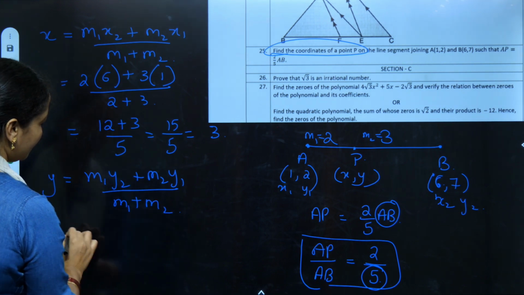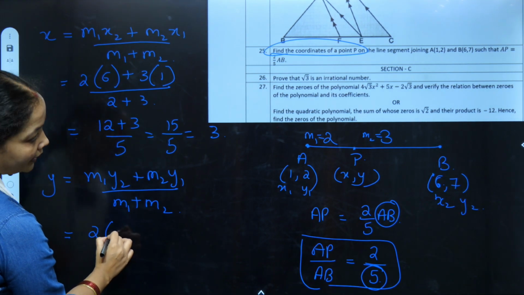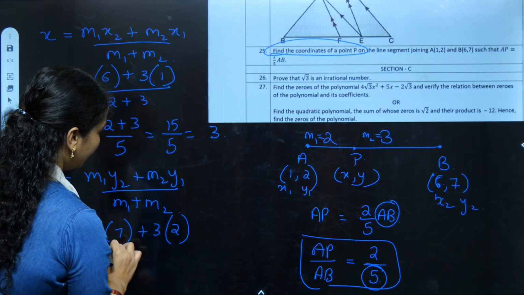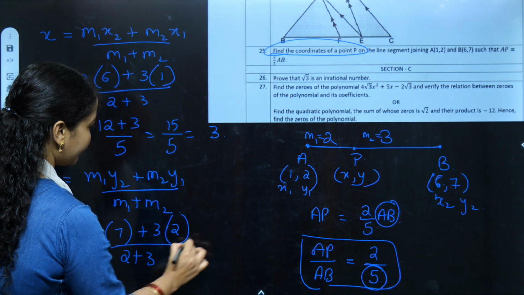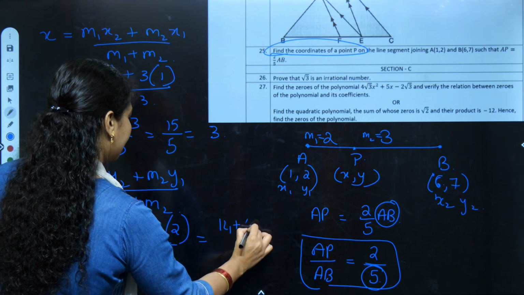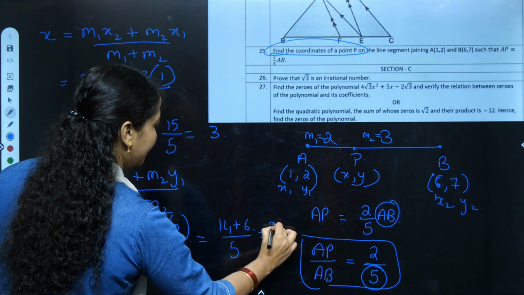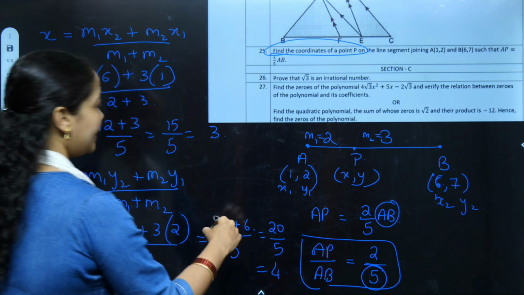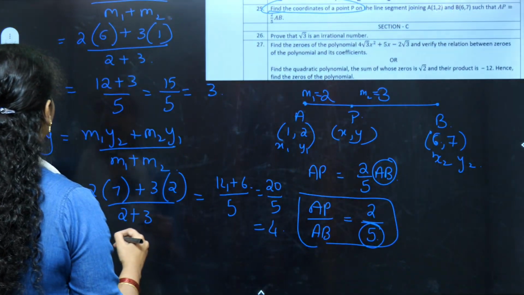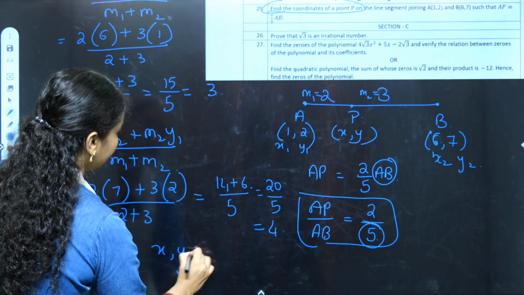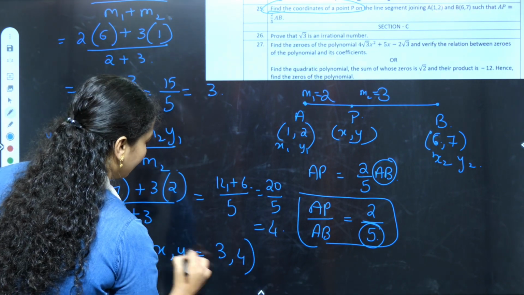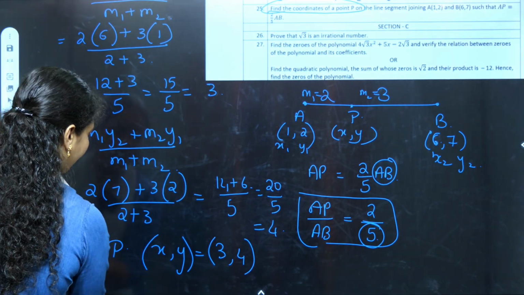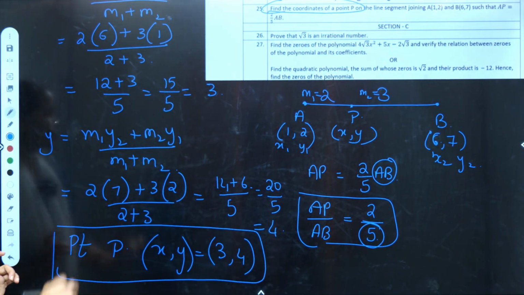So my m1 is 2, y2 is 7, m2 is 3 and y1 is 2, divided by 2 plus 3, which is (14 + 6) by 5, 20 by 5, giving me 4. Therefore, at the end I will conclude the answer as (x, y) is equal to (3, 4). The point P is (x, y), and I'll put it in a block like this.